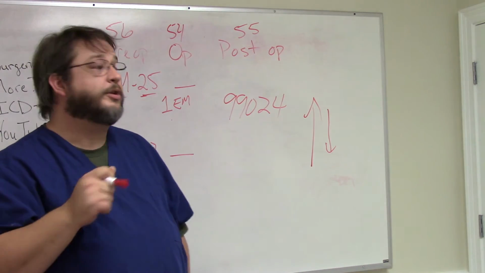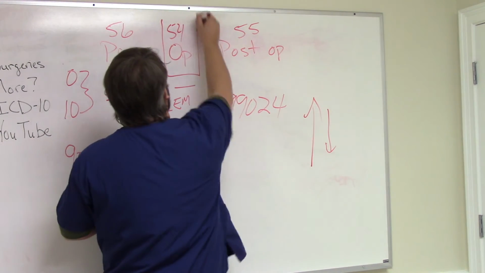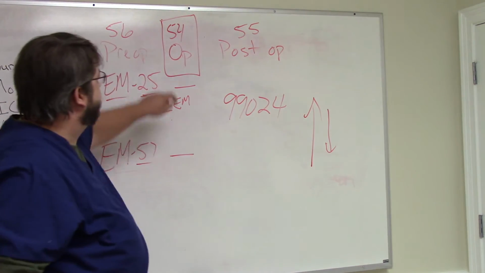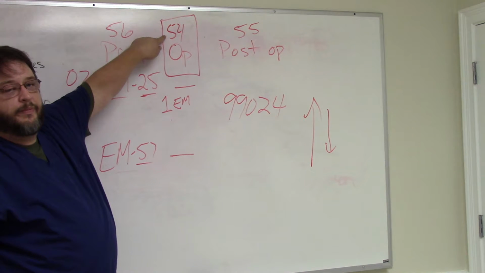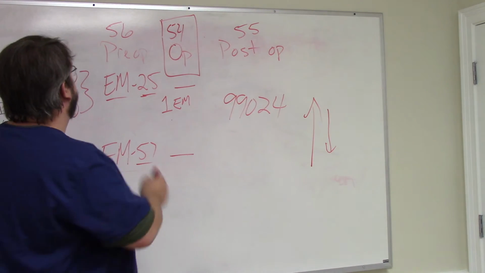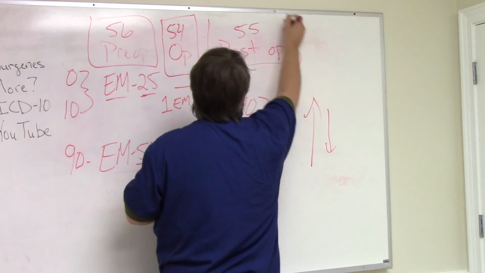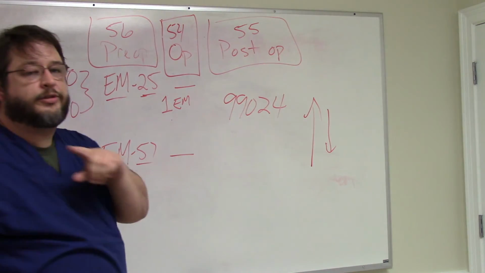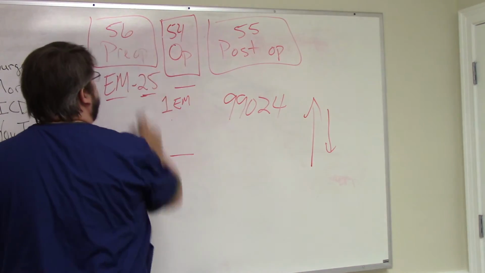Now, the way this should be correctly coded is, since you just did the cutting, you use the surgical code with the modifier 54. Because he's doing the medical management, the pre-op work and the post-op work, he uses the surgical code plus modifier 55 and 56.